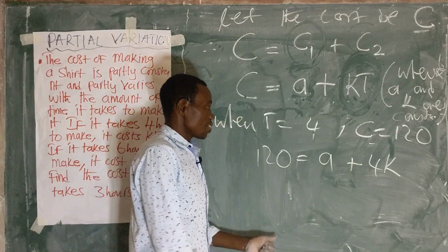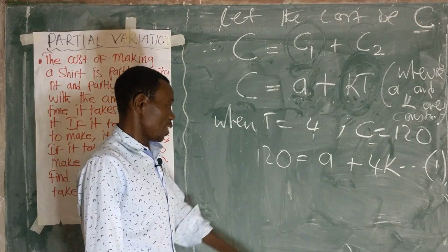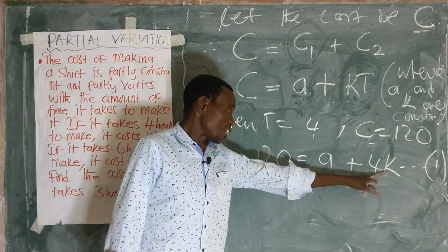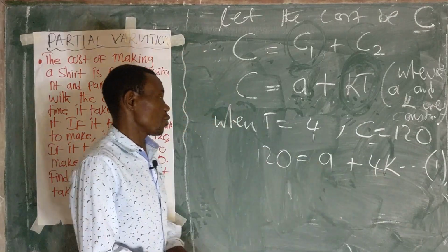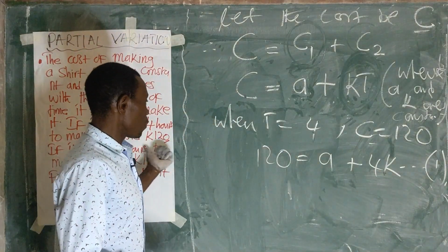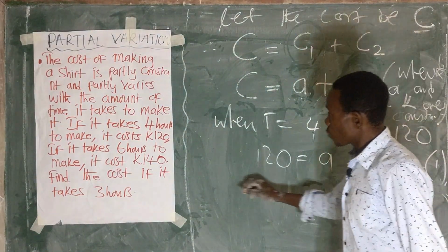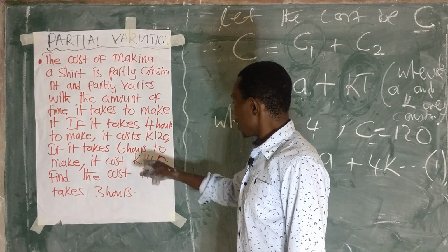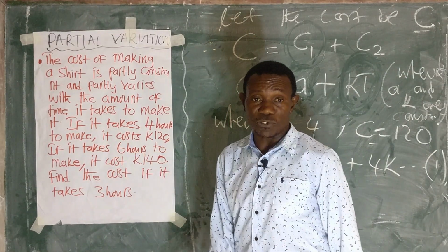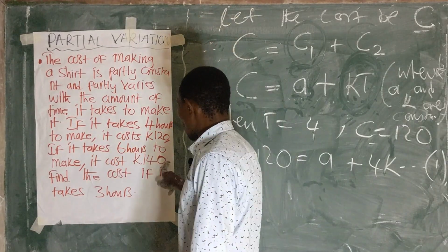So this is equation number 1, because on its own it cannot give me the value of a when k is not known, and the same cannot give me the value of k when a is not known. Then you go again to the question. You need to find another equation. Here you have another piece of information which tells you the cost with a different amount of time: if it takes 6 hours to make, it costs 140.